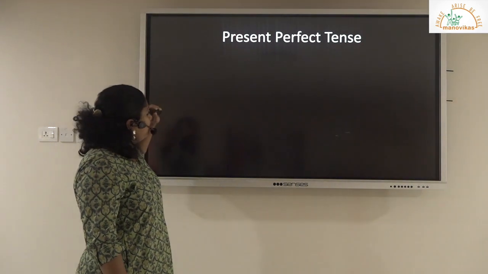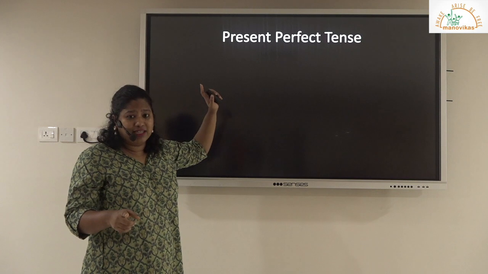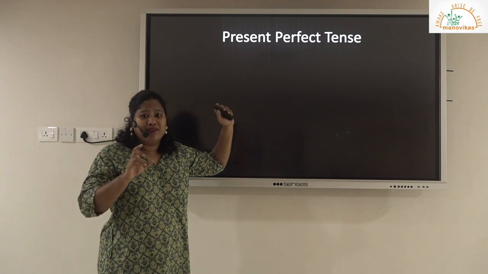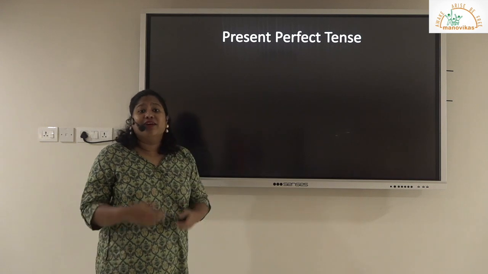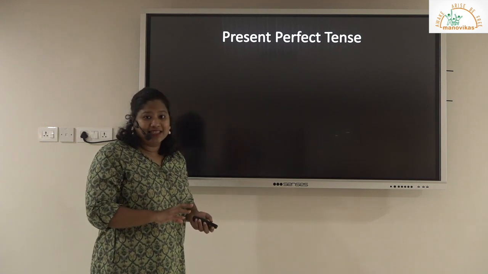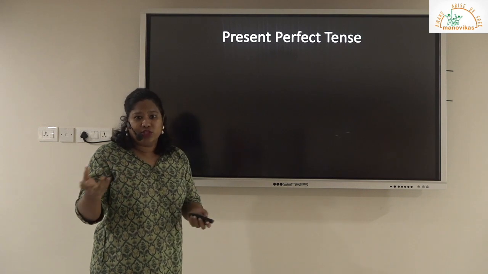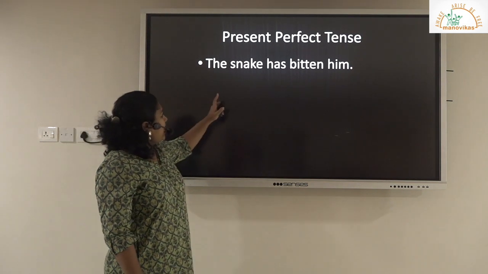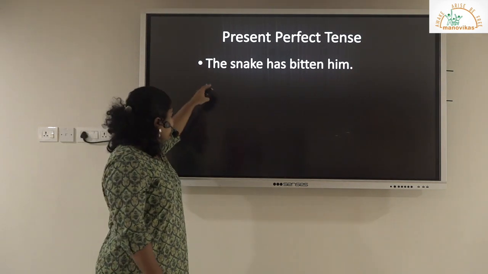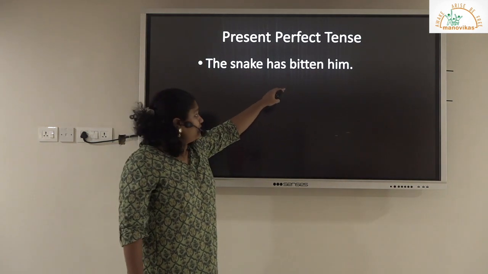Let's move ahead. The present perfect tense. If you know how to identify a perfect tense, you will have the word have, had. Given that this is present, you will have and or has, and the past participle, which you should know how to transform. Anyways, let's look at the sentence. The snake has bitten him. The snake is my subject. Has bitten is my verb in the past perfect tense.